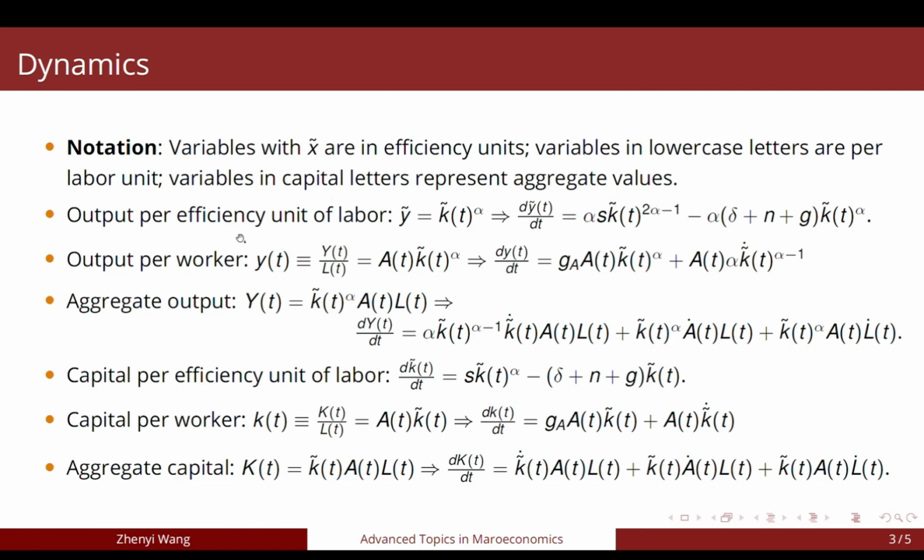Here I write down the dynamic equation for output and capital per efficient unit of labor, output and capital per worker, and aggregate output and capital. The differential equations of these 6 variables with respect to time tell us how these variables change over time, and we will use these dynamic equations to solve the Solow model.